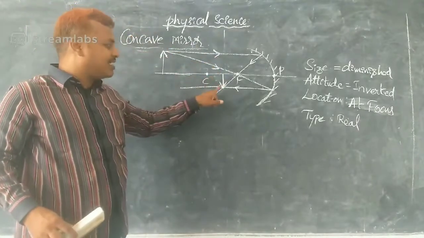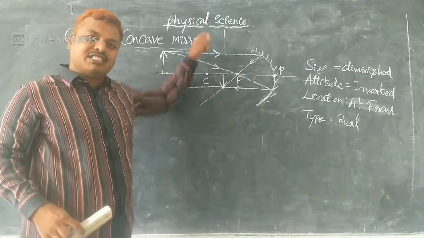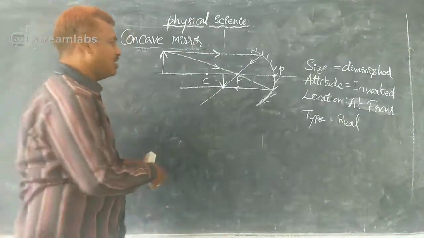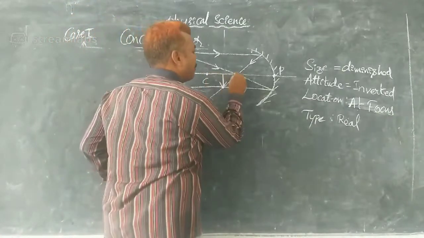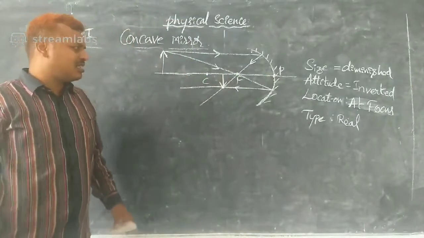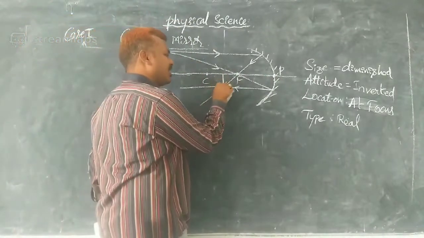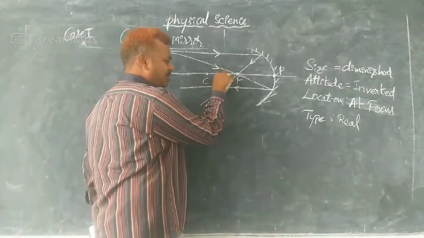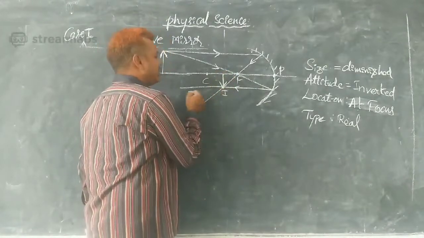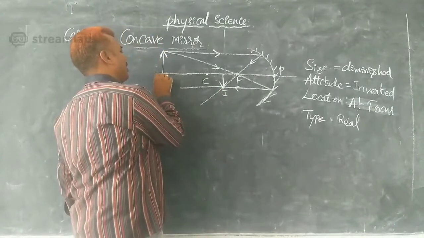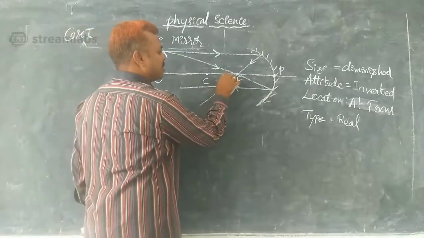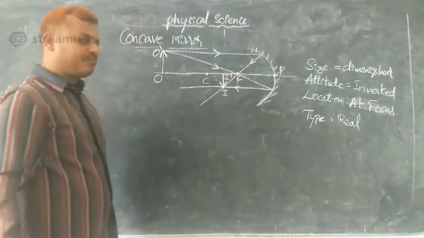You can see exactly the point where the head is reversed and observe an inverted image onto the axial line. Image is formed. So O dash, I dash is my image.